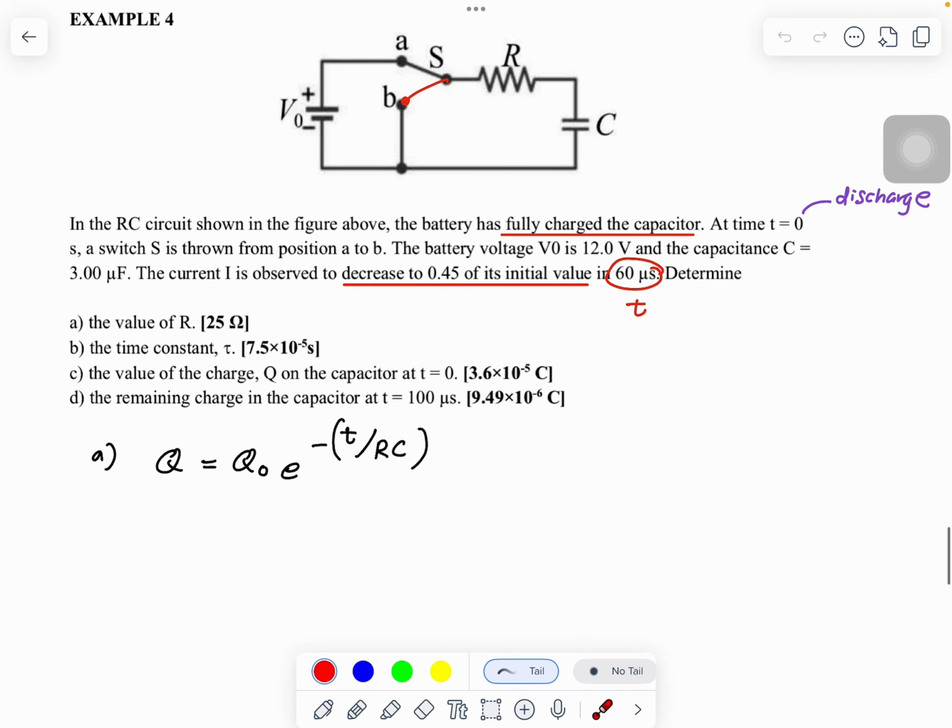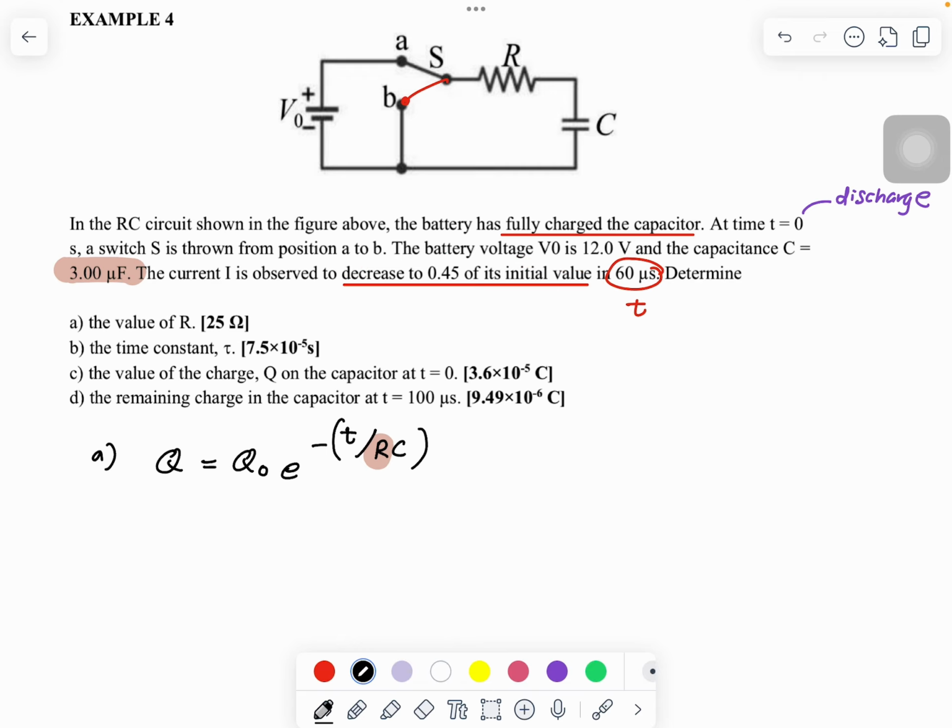Okay, so we want to find the value for R here, right? C dia ada bagi, 3 micro. Time also given. Masa yang dia guna ni adalah merujuk kepada masa yang diambil untuk current tersebut to decrease to 0.45 of its initial value.